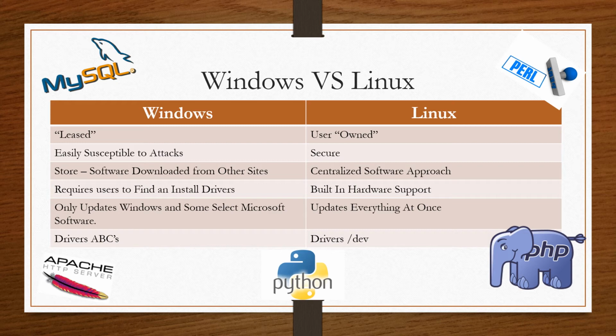Linux uses a centralized software approach, Windows does not. Most Linux software is available from distribution-specific online repositories. Users have access to thousands of free programs that can be installed from graphic software managers or simply commands at a terminal.